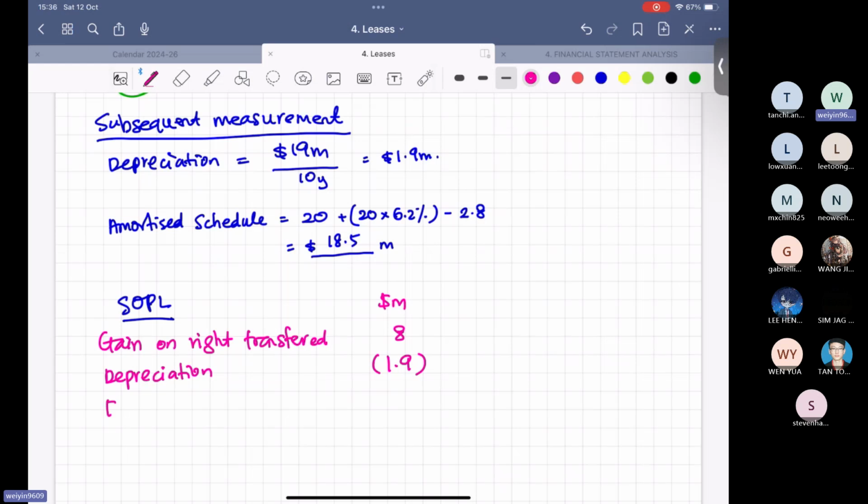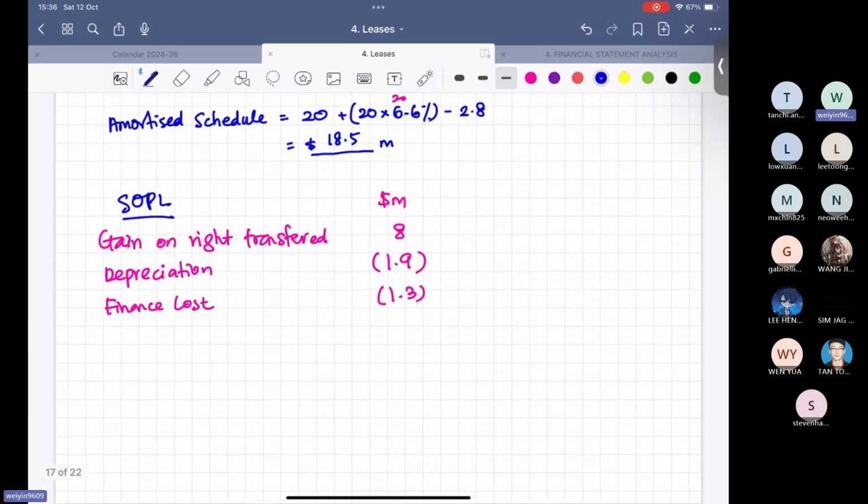Number 3, I got finance cost, sorry, 6.6%, 1.3 million.